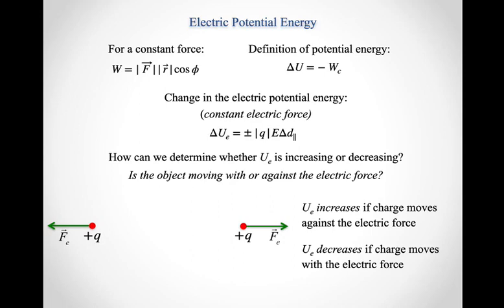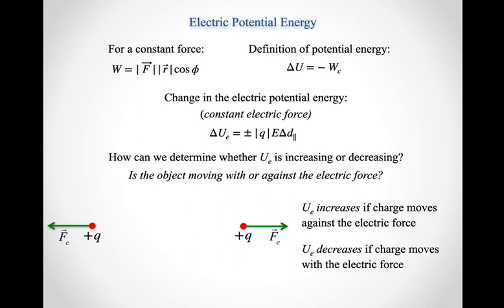So what we can see is dealing with this plus or minus is going to be relatively easy. All I need to know is which way the electric force wants to act on my charge, and usually that's simply a statement of saying, well, is it positively or negatively charged? What's the other charge around it?